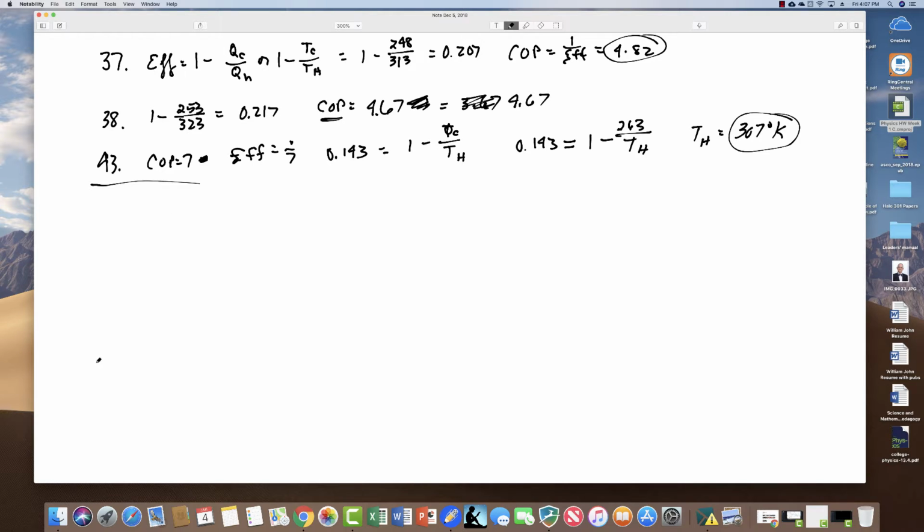Now let's move back to the conceptual questions. Now these are under entropy and the second law of thermodynamics, disorder, and the unavailability of energy. And the first question is number 29. Consider a system with a certain energy content from which we wish to extract as much work as possible.